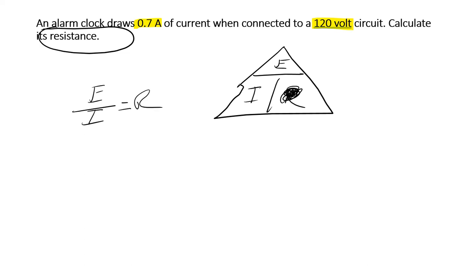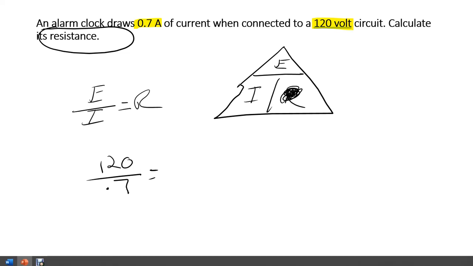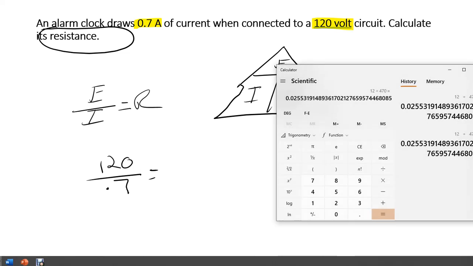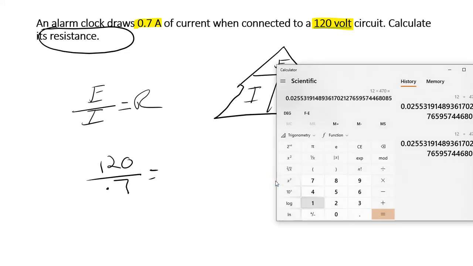Do I have E? Yes, I do. It's 120. Do I have I? Yes, I do. It's 0.7. So I get 120 divided by 0.7.